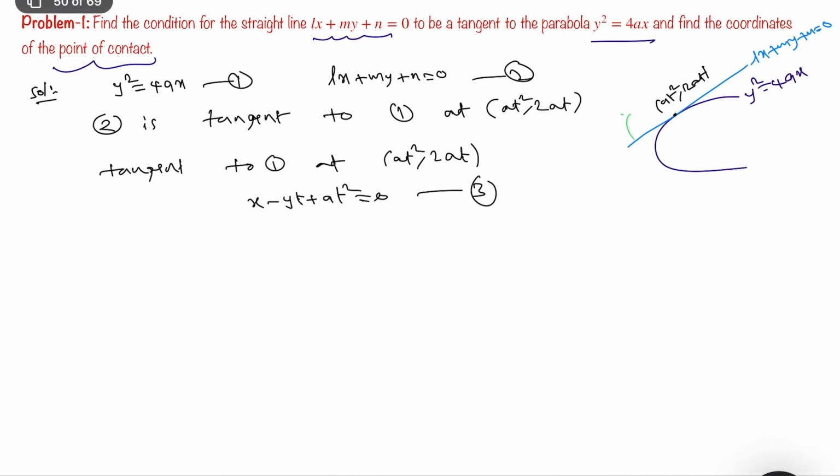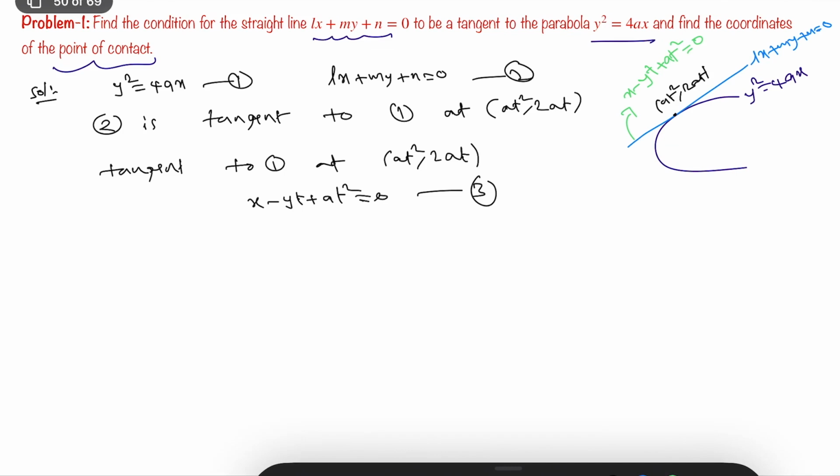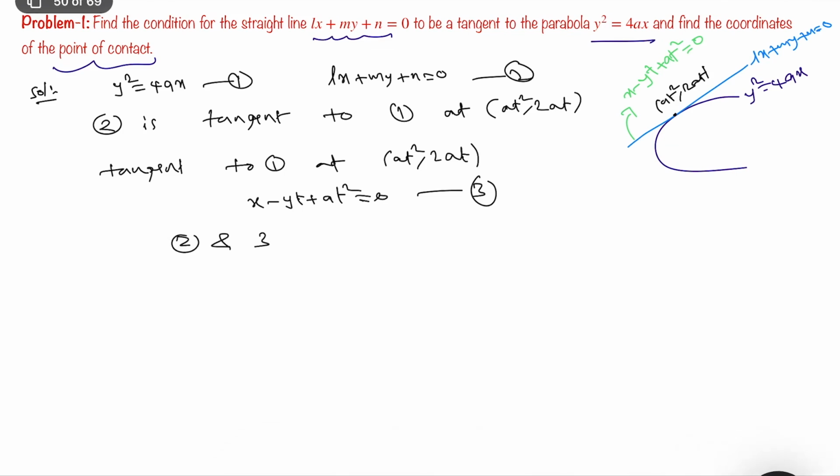So in terms of (at², 2at), this line should be x - yt + at² = 0. Now 2 and 3 should be representing the same line, so the corresponding coefficients must be in the same proportion.